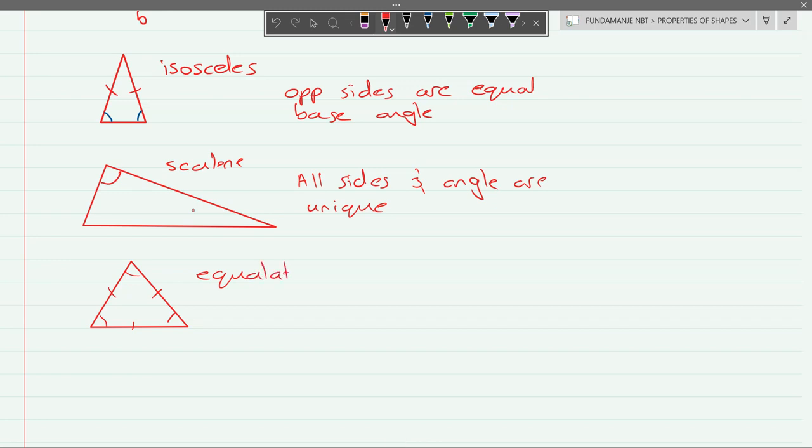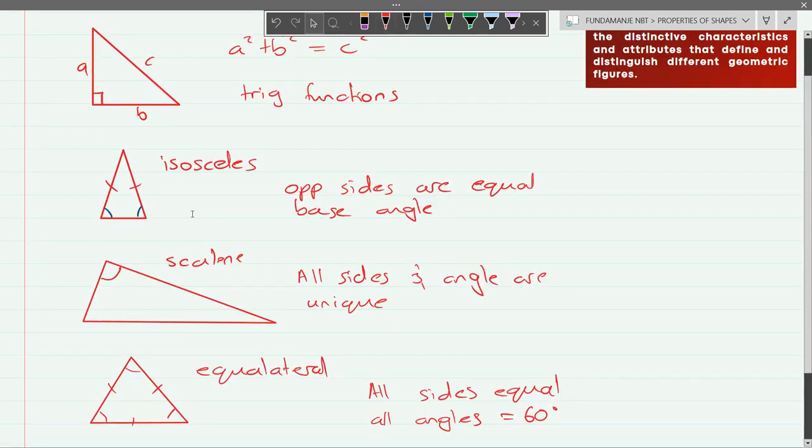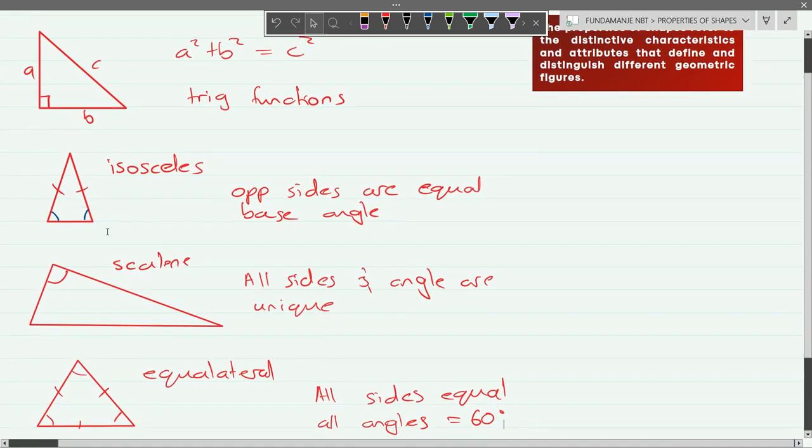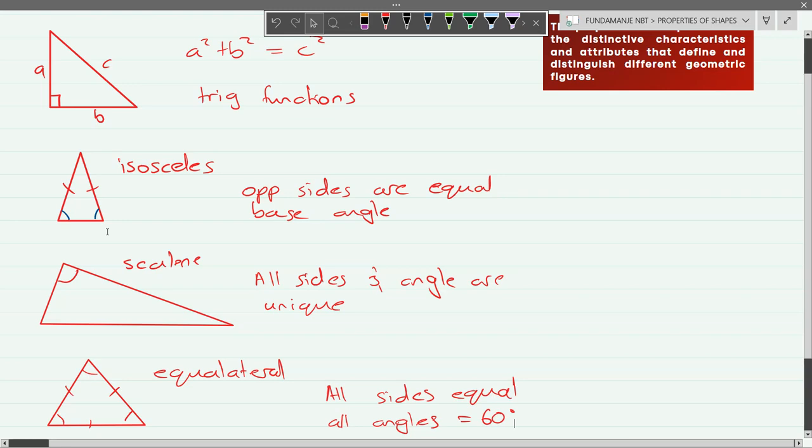So all sides are equal and all angles equal 60 degrees, and that's that. So these are the types of triangles they get.